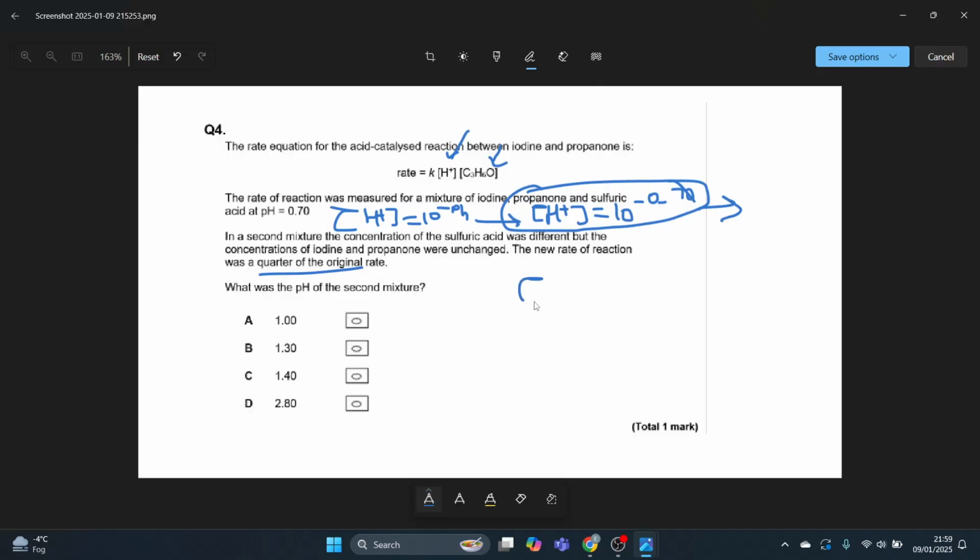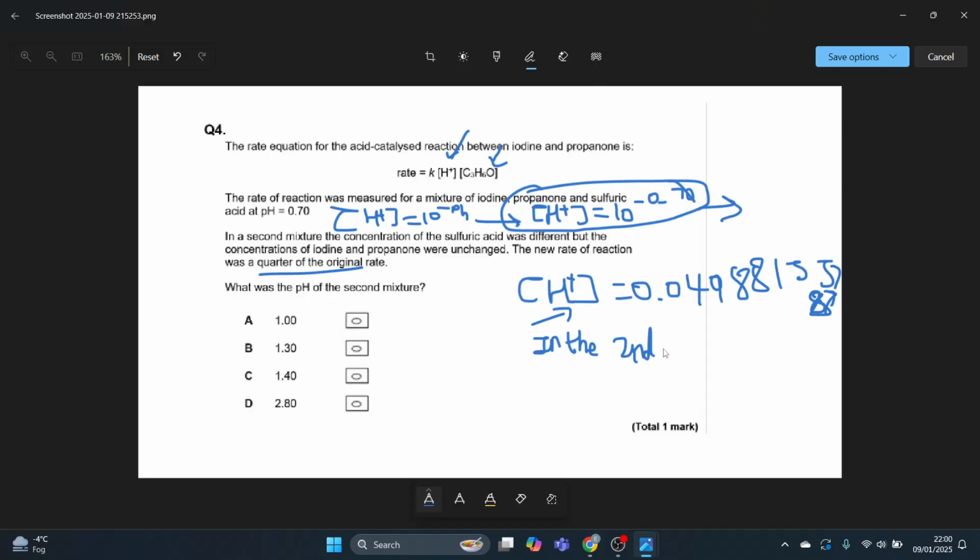And then I get the concentration of H plus ions from the second mixture, 0.04988, it keeps going, 155787, but I'm just keeping it in my calculator. Therefore, to find the pH of the second mixture, well, that's from the concentration of H plus ions in the second mixture.